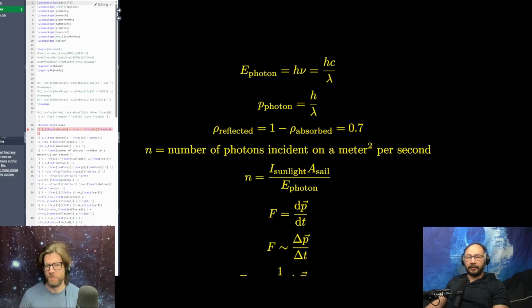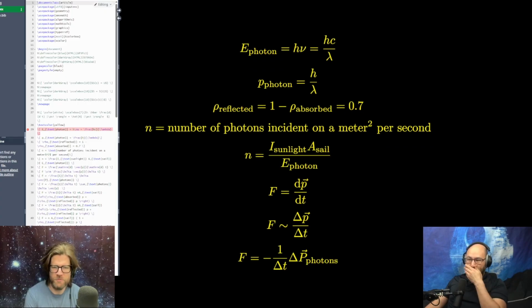Starting out, doing some bookkeeping: the energy of a photon is h nu. The momentum of a photon is h over wavelength. Then for this next one, I assumed that the solar sail is not a perfect reflector.